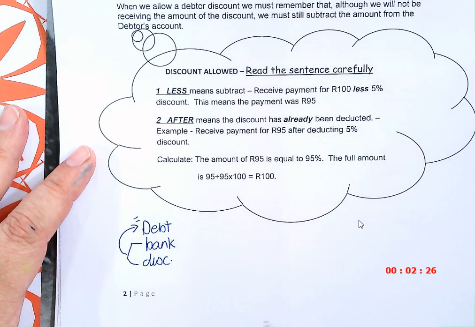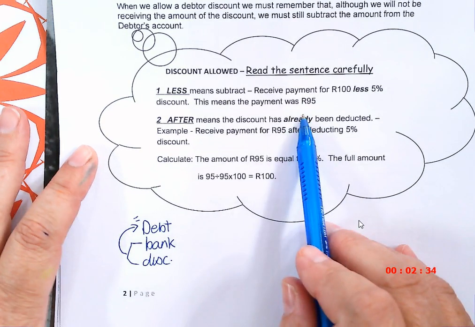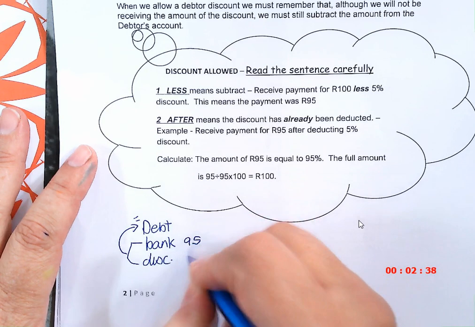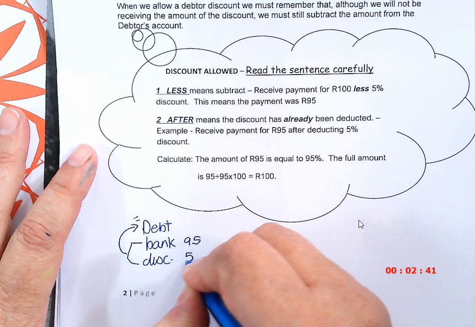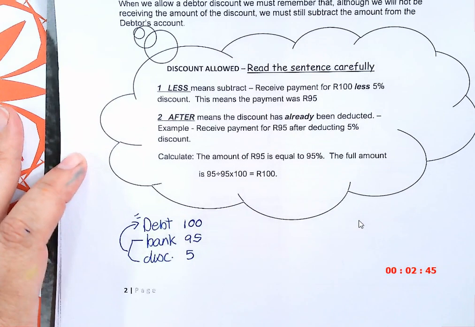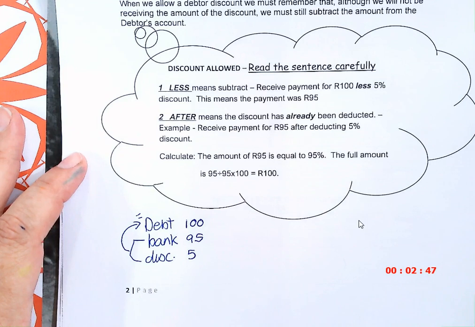What did I receive? 100 less 5. So then it means my bank was 95, my discount was 5, and my debt that I paid off was actually 100, even though I only paid 95.